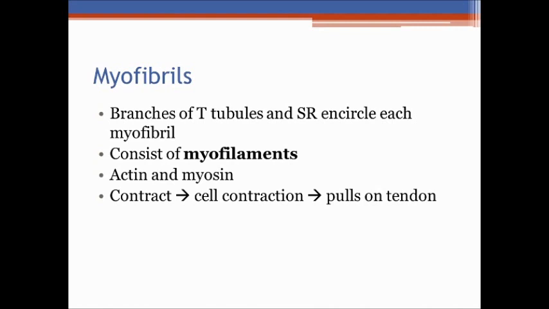So each myofibril is going to consist of myofilaments. So we're just getting smaller and smaller into the muscle fiber. Actin and myosin are those proteins we talked about that make up thin and thick filaments. So contraction of these myofilaments leads to the whole cell contracting, the whole muscle fiber, which will pull on the tendon, contracting the whole muscle.